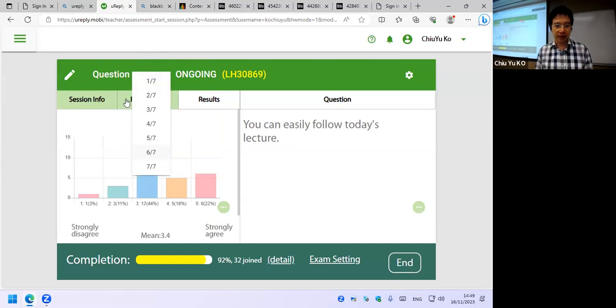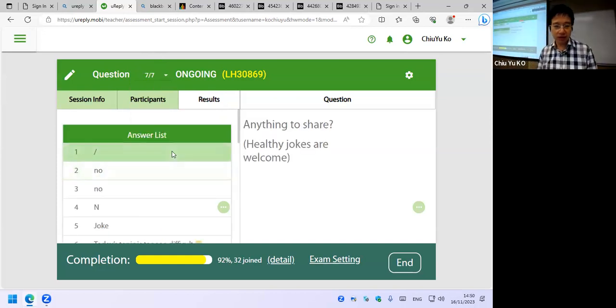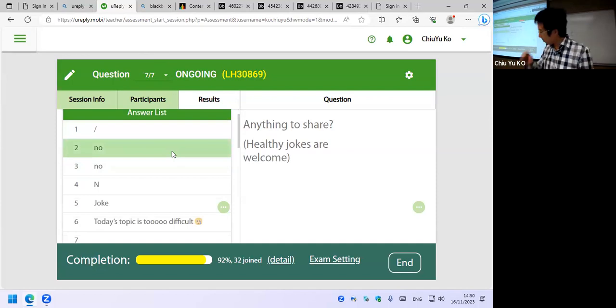I have to admit, there are too many things. Today's topic is actually very difficult. It's a lot of formulas and a lot of notation. Okay, I'll try to slow down a little bit.